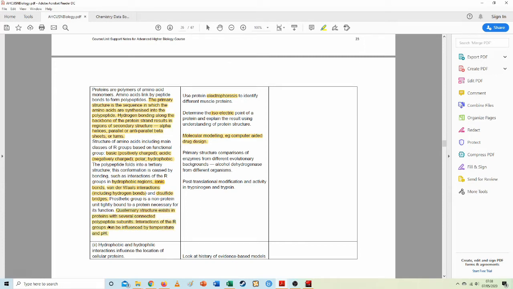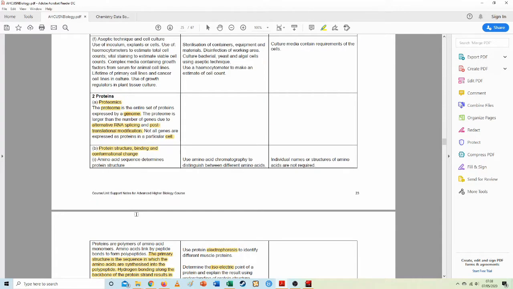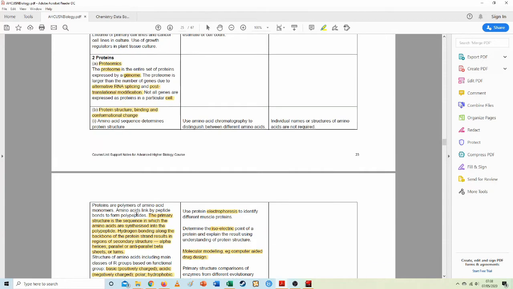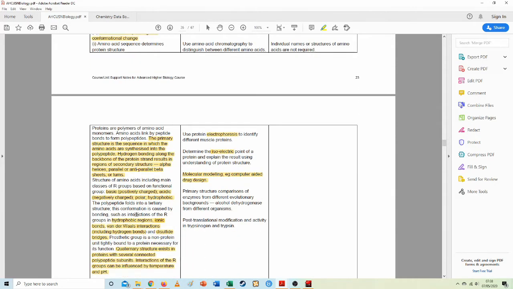So those prosthetic groups that are added on, they can sometimes be sugar molecules or something like iron, and we can talk about those in quite a lot of detail as well. So really, this lesson is probably going to be quite bulky, and it's going to include all of this stuff.